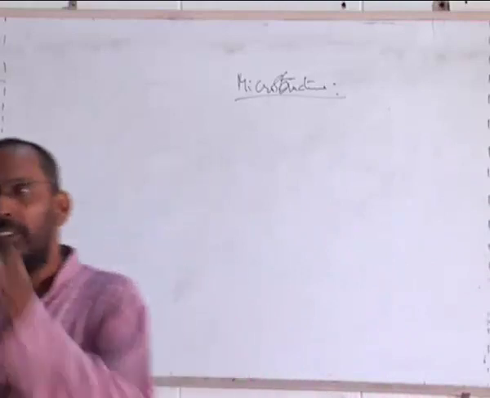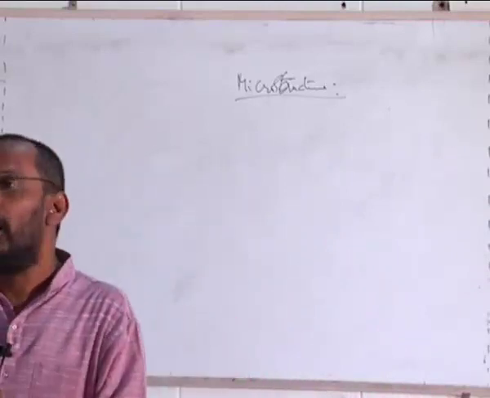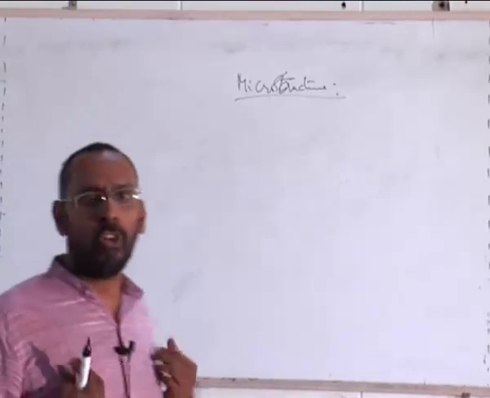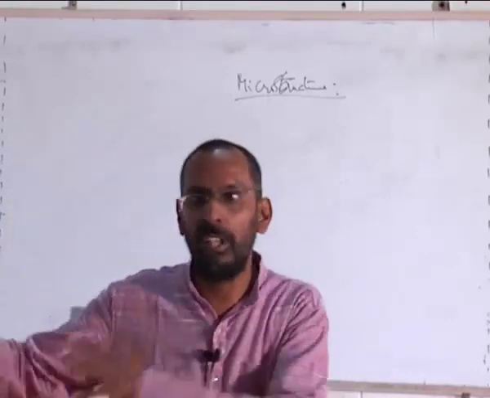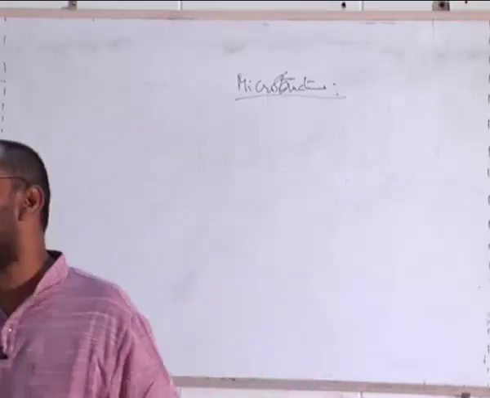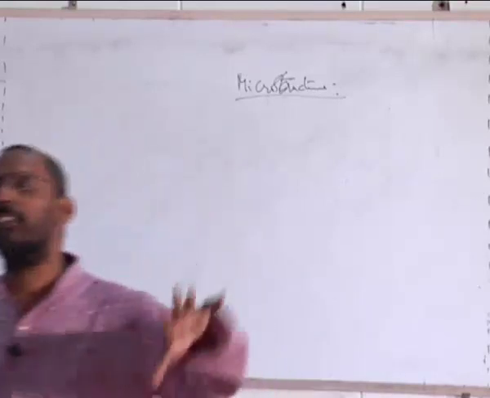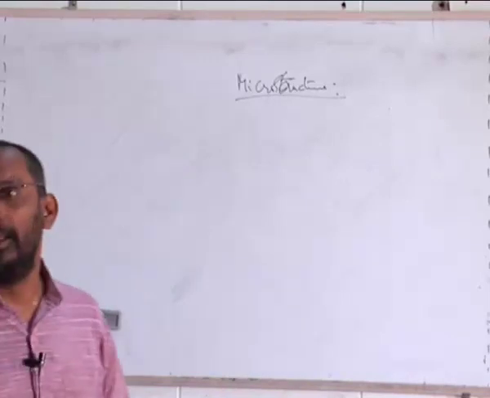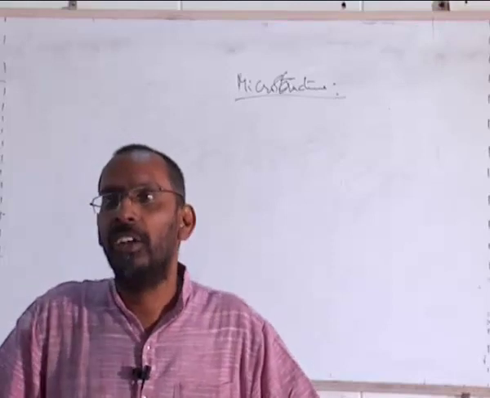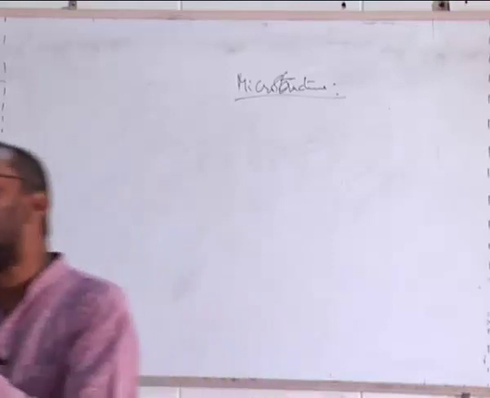I take an annealed copper and a deformed copper, put both of them into a microscope. I should be able to see that this deformed copper has more dislocations and this annealed copper has fewer dislocations. But for that, what I require is something which has a resolution of the order of the size of the dislocations.